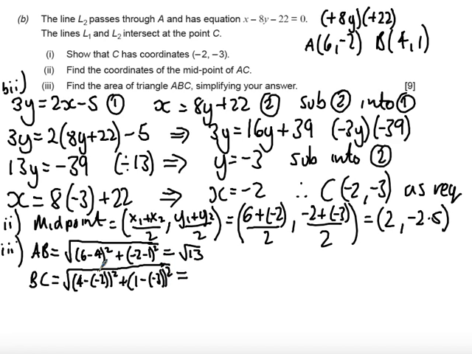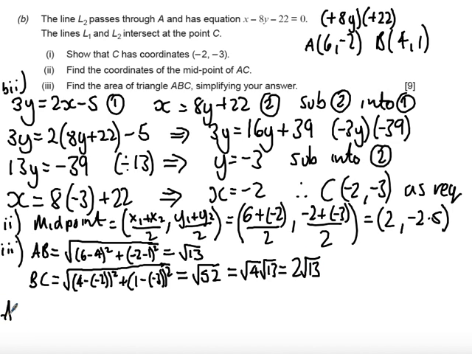And so when I work through this, I get 6 squared plus 4 squared, which is root 52. We can actually simplify that. This has a factor of 4, so I can rewrite that as square root 4 times the square root of 13, which is 2 root 13.